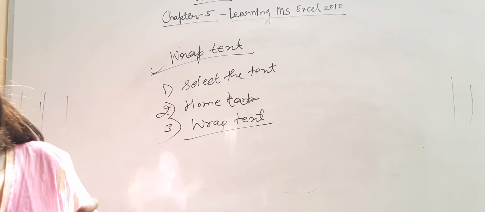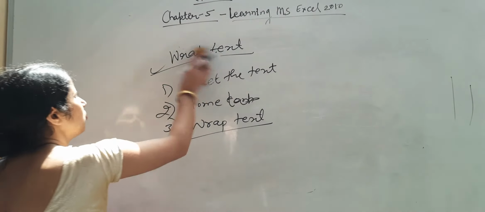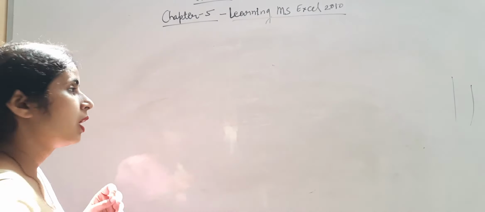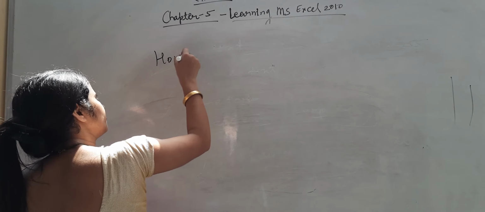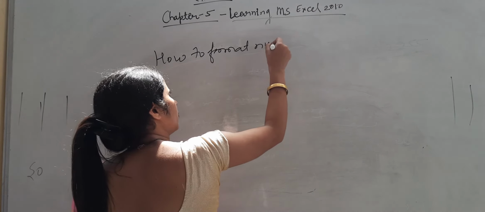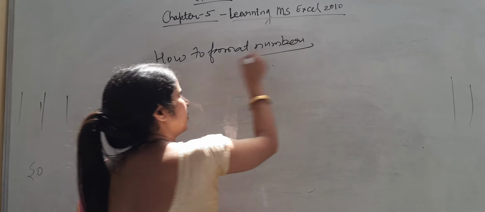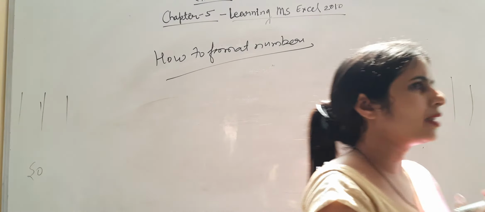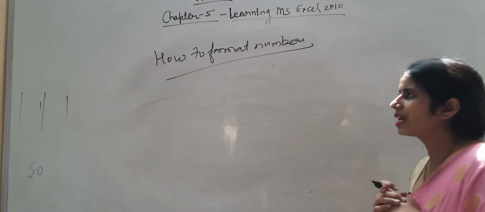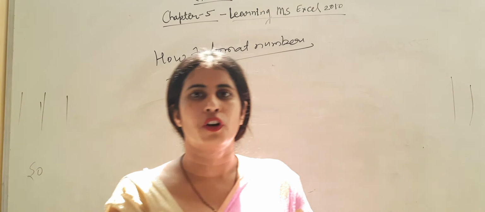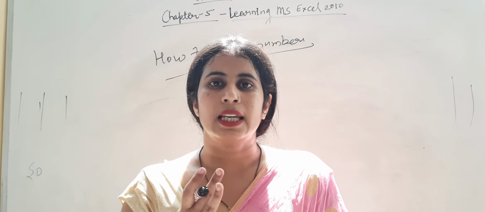Okay, now the next topic is how to format numbers. If you are going to format numbers, it means you are going to change the format of the numbers. Numbers come in different forms: number, currency, rupees.